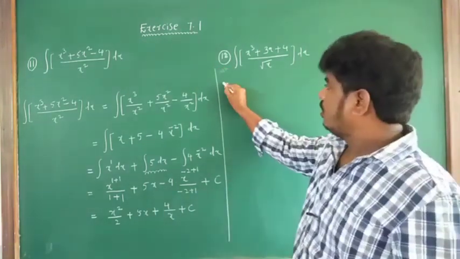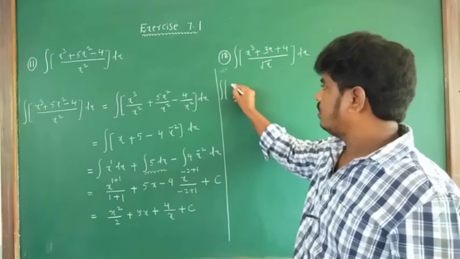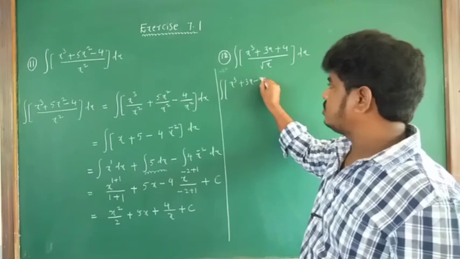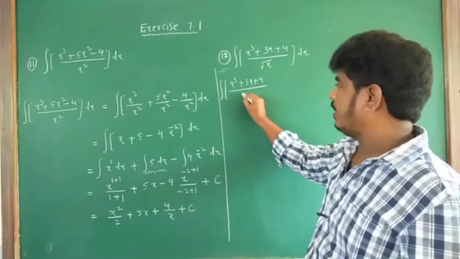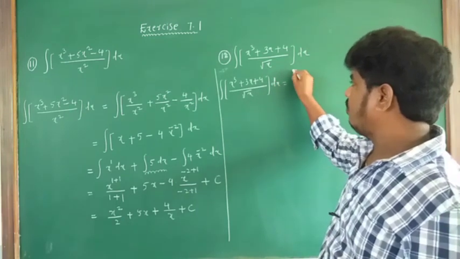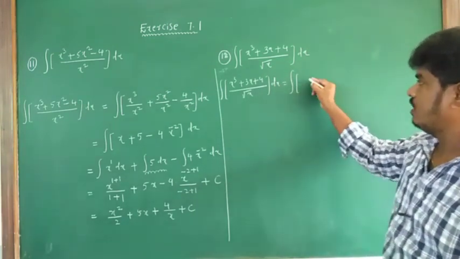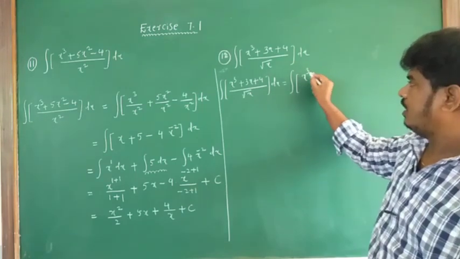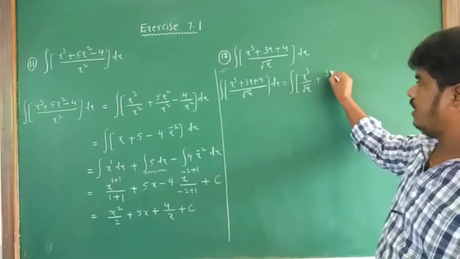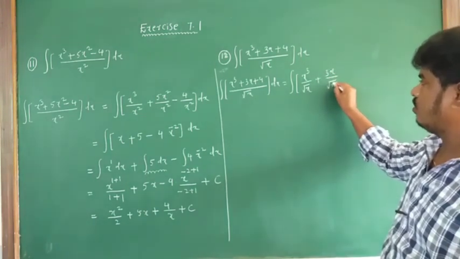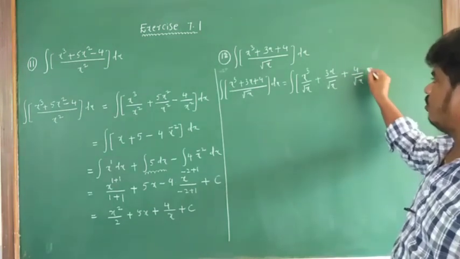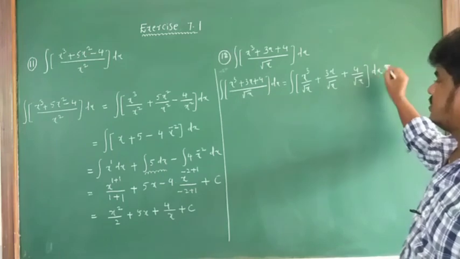So the integral of (x cube plus 3x plus 4) divided by root x dx is equal to, what can we write? The integral of x cube divided by root x plus 3x divided by root x plus 4 divided by root x dx.